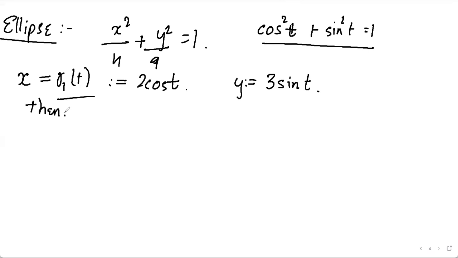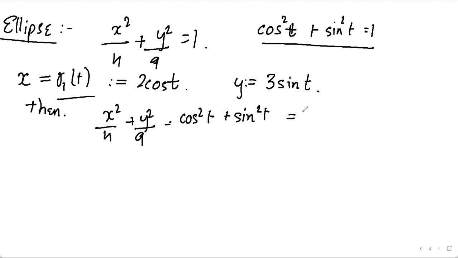Then x square upon 4 plus y square upon 9 is equal to cos square t plus sine square t, which equals 1.